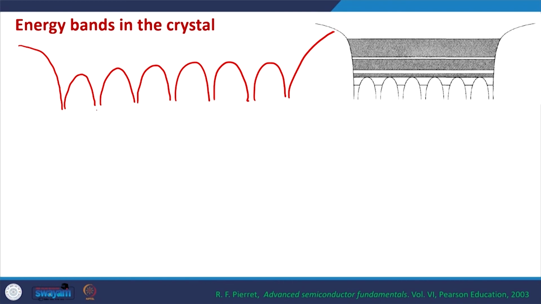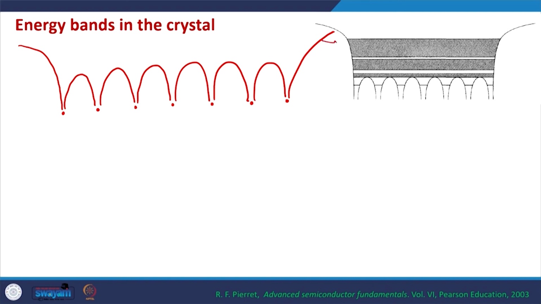Here are the atomic cores, and as we had already seen, close to the atomic cores the potential energy of electrons goes to negative infinity.